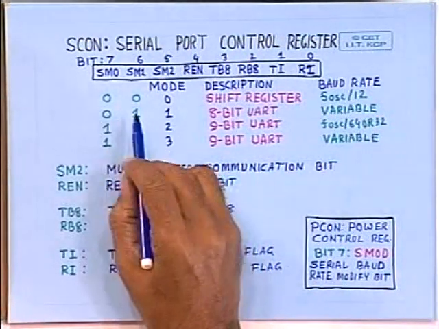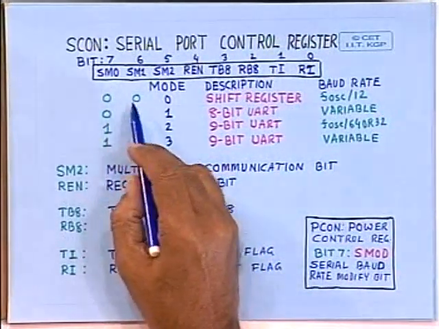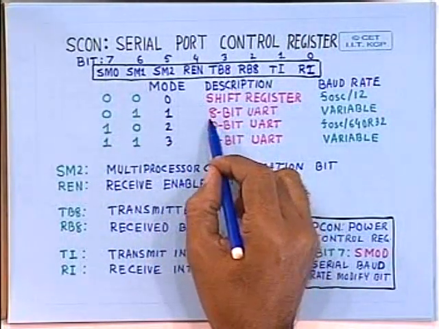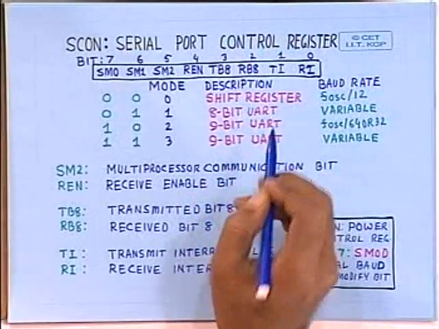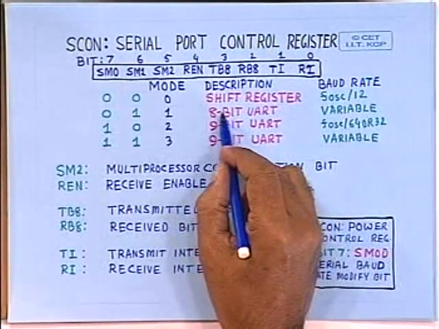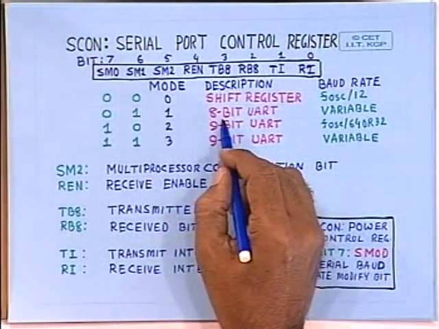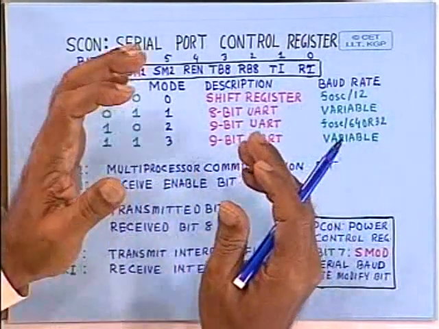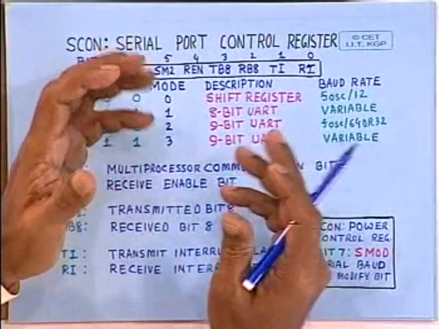Then the second mode, when these two bits are 0, 1, that means this bit is 0 and this bit is 1, can be used as an 8-bit UART. That means this is the typical use of the serial interface as a universal asynchronous receiver and transmitter.